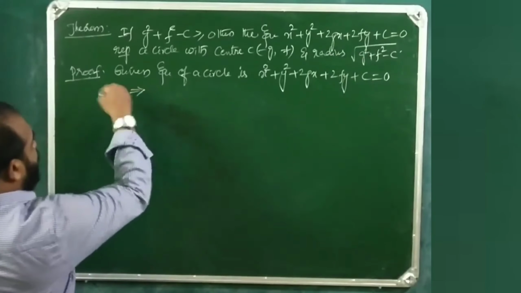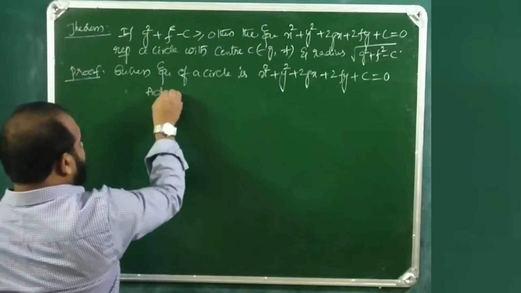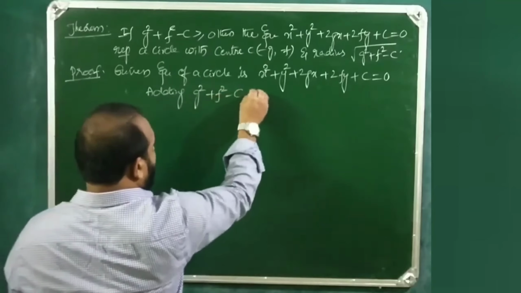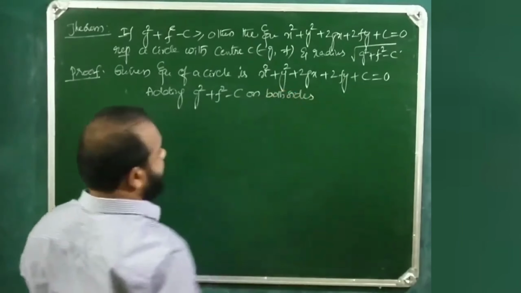Now, what I am doing is adding g square plus f square on both sides.